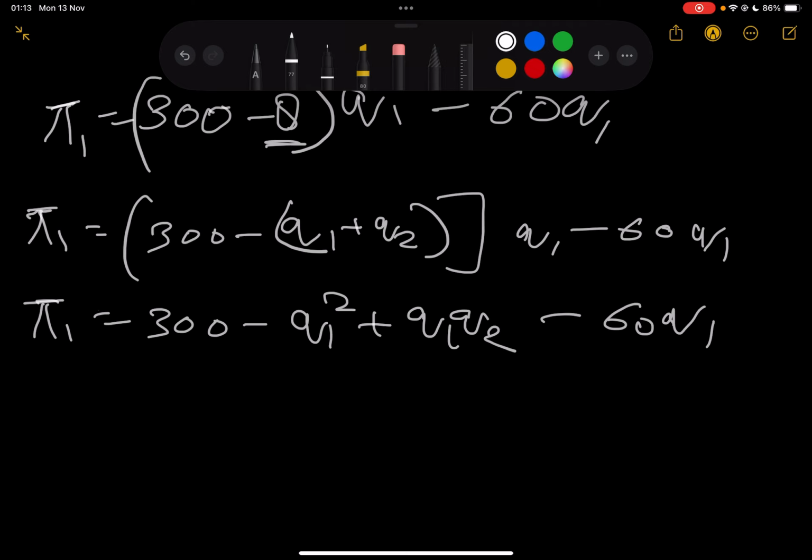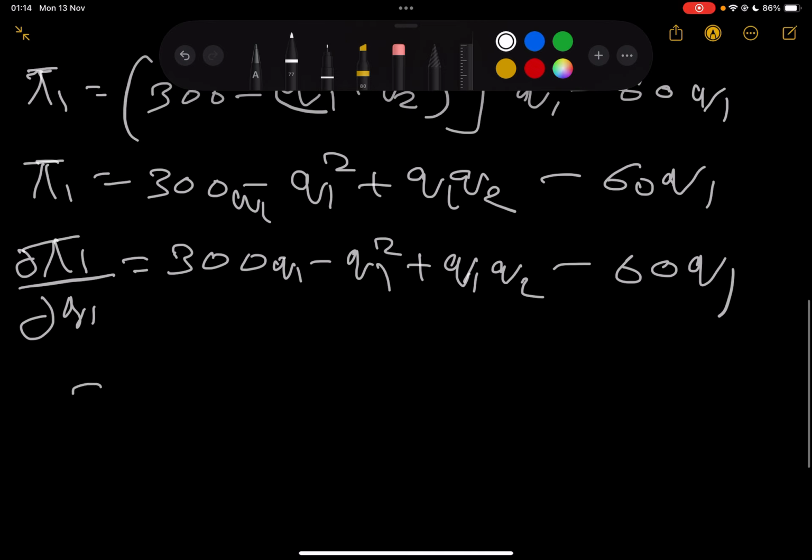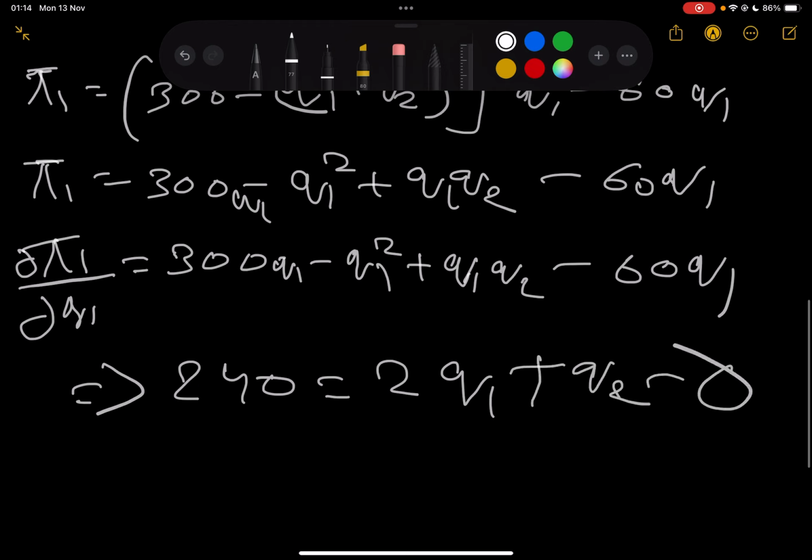Now you're going to differentiate it with respect to q1, and I get 240 is equal to 2q1 minus 2q2.